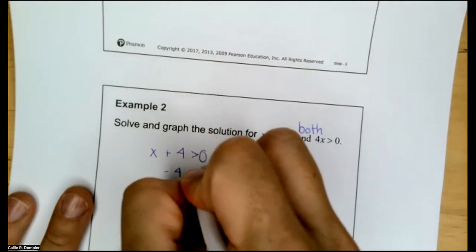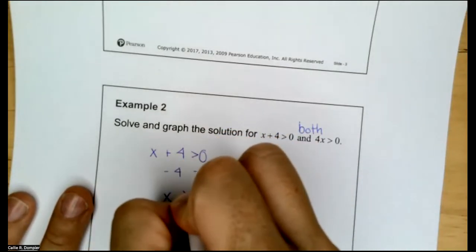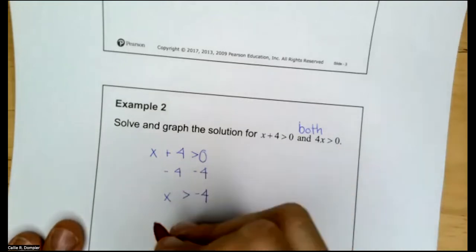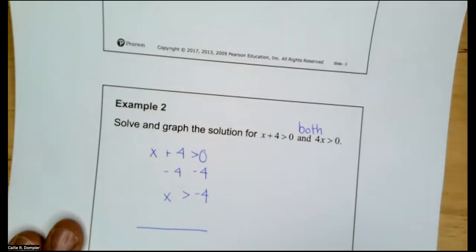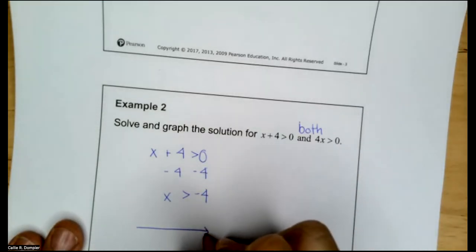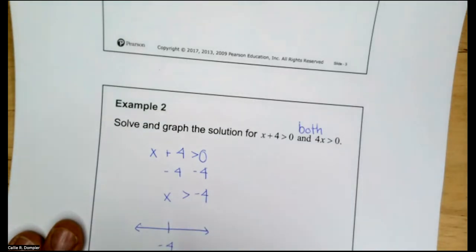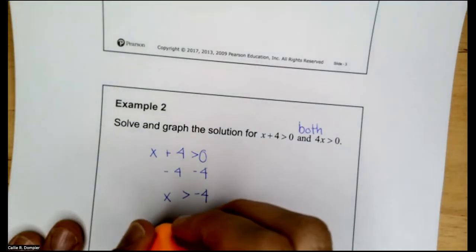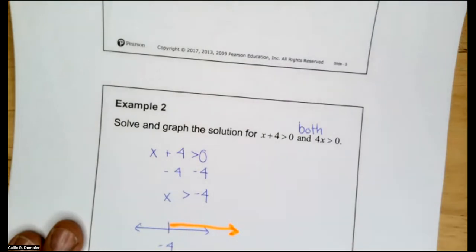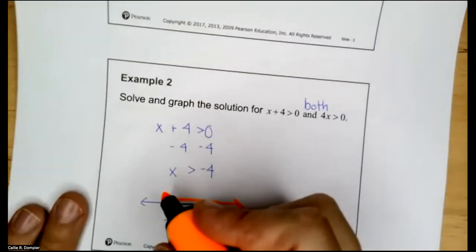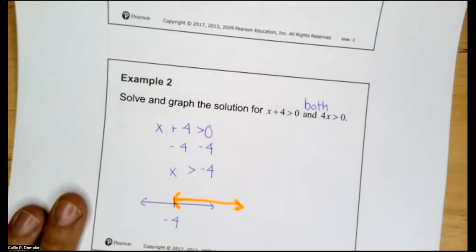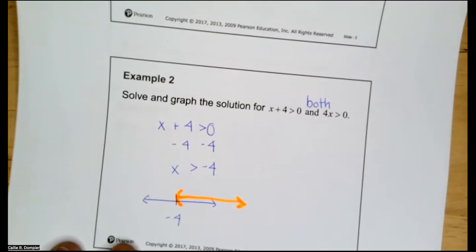We're going to subtract 4 from both sides. x is greater than -4. We're going to graph that one. So here's -4. x is greater than -4. That will go up towards 0 and the positive numbers, and it does not include -4. So it's going to be an open parenthesis symbol.